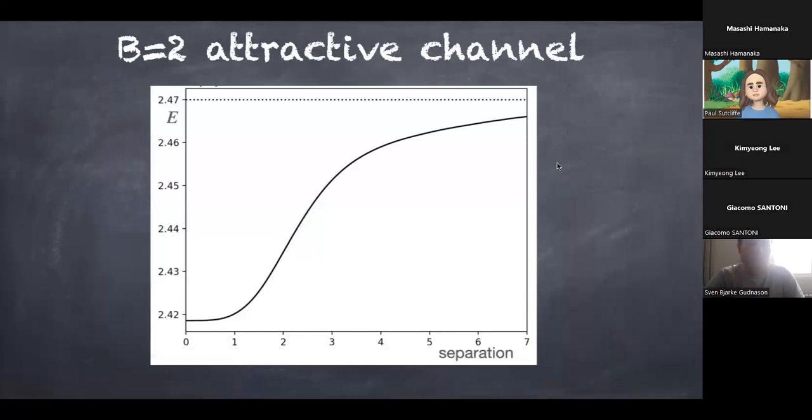But you can use it, for example, to calculate the energy as a function of separation for the 2 skyrmions. So here's a plot. You see it's minimal when they're on top of each other, and it increases as you separate them out. The dashed line is twice the energy of a single skyrmion, so it should tend to that as the separation tends to infinity.